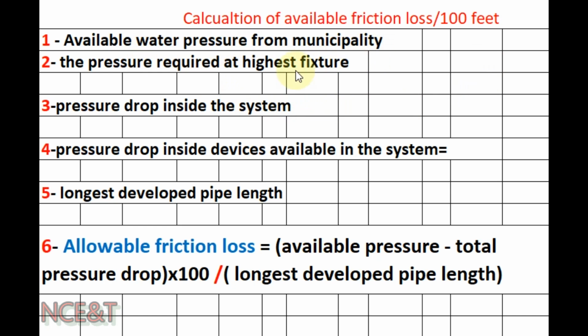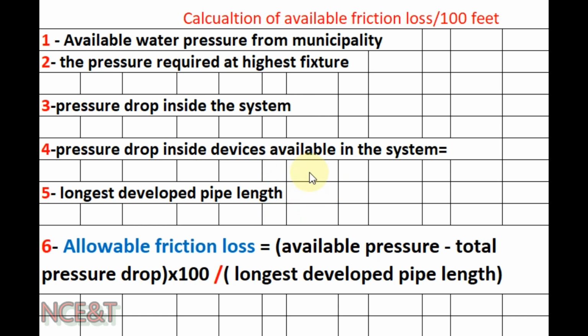Number 2. We need to select the pressure required at the highest fixture. Number 3. We need to calculate the total pressure drop inside the system. Number 4. We need to select the pressure drop inside the devices that are available in the system. Number 5. We need to calculate the longest developed pipe length.